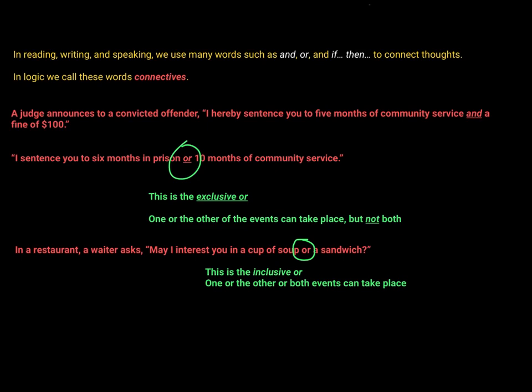So this is an inclusive or. So when we use the word or in a logic statement, it will mean the inclusive or, unless stated otherwise. So whenever we see the word or, we are assuming that it is the inclusive or, unless it is stated otherwise.